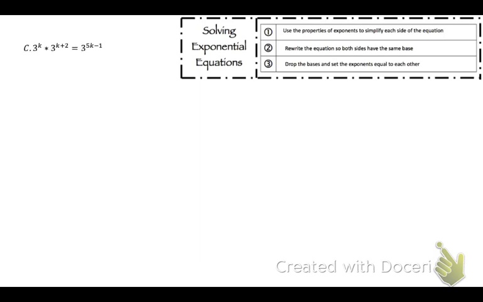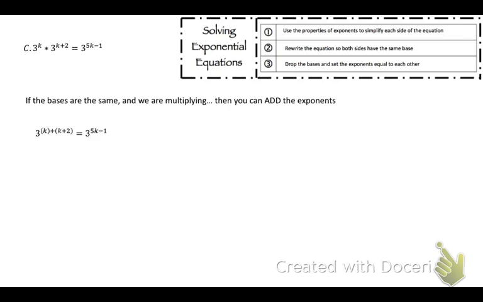This one, 3 to the k times 3 to the k plus 2 equals 3 to the 5k minus 1. Now remember, if the bases are the same and we are multiplying, then you add the exponents. So that's going to be 3 to the k plus 2 equals 3 to the 5k minus 1.